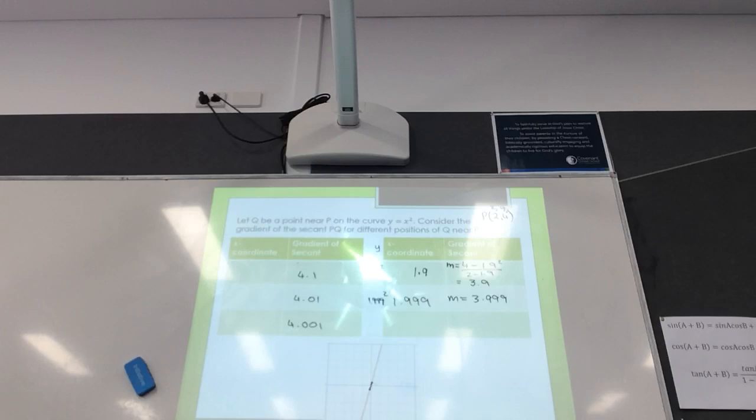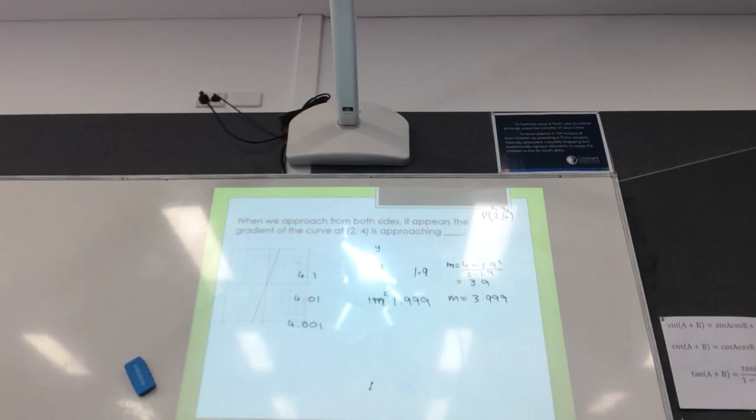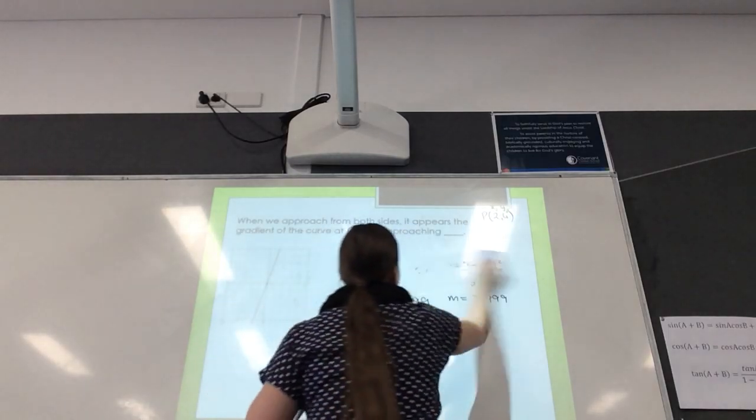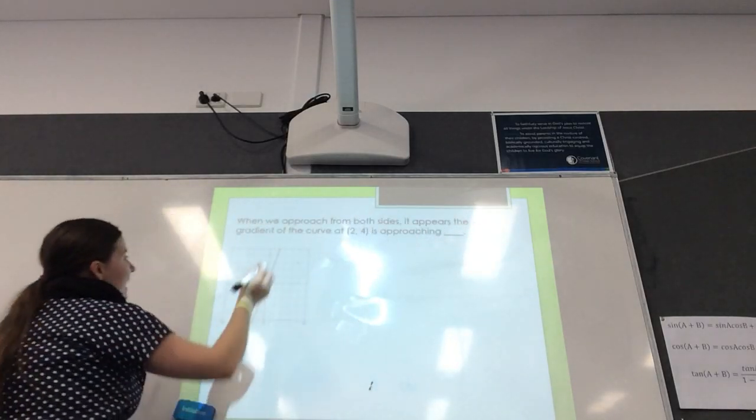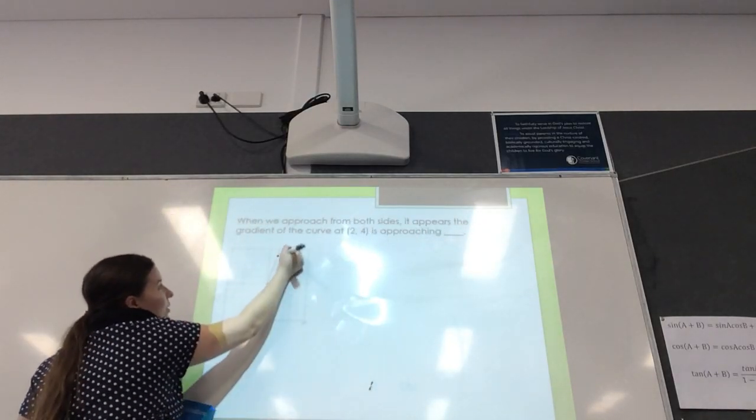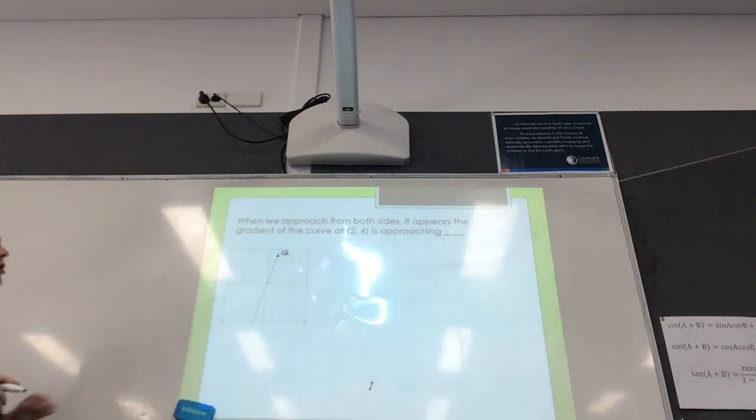Now, let's have a look. I've lost my mouse, sorry. Let me get it back. Okay, so if we have a point, I'm just going to put my Q up here, okay?